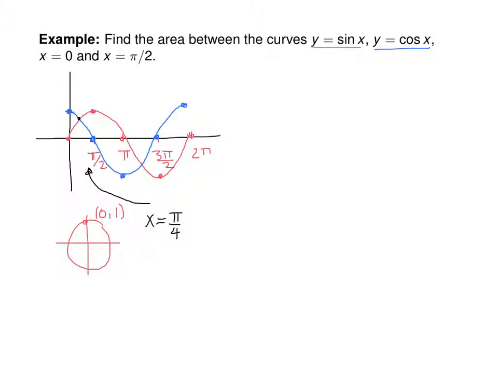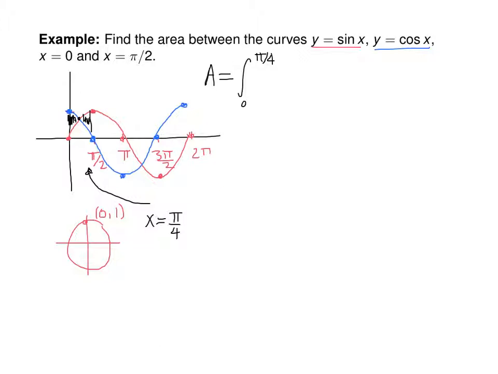So we care about the area between these two curves between 0 and pi halves, so this portion plus this portion. So the area will be the integral from 0 to pi quarters.